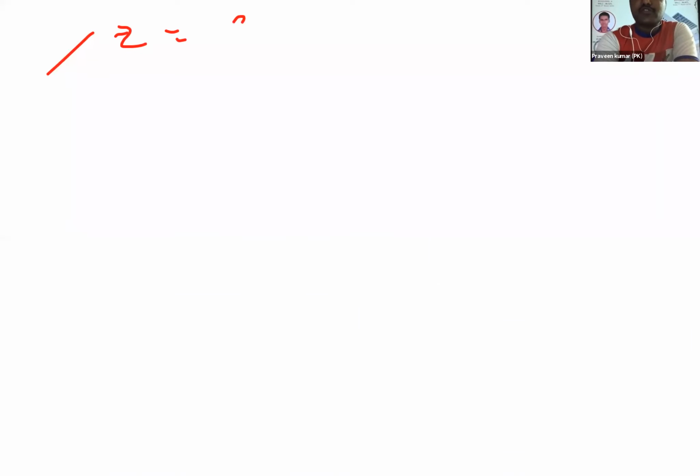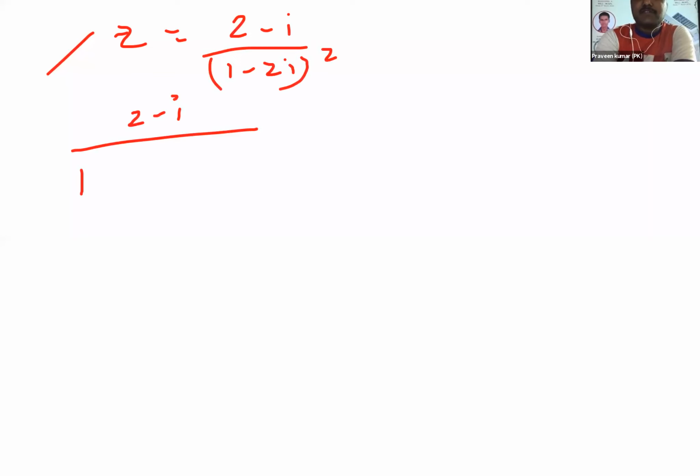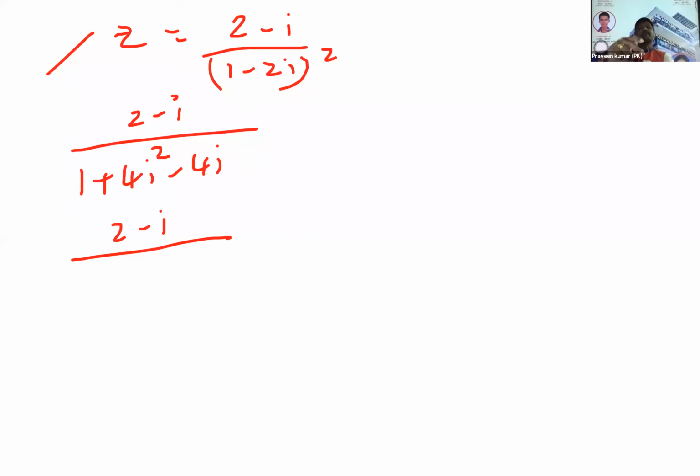Let us assume z is equal to (2 minus i) by (1 minus 2i) whole square in the denominator. Now expand the denominator: 1 plus 4i square minus 4i. 4i square means minus 4. So 1 minus 4 is minus 3, minus 4i.